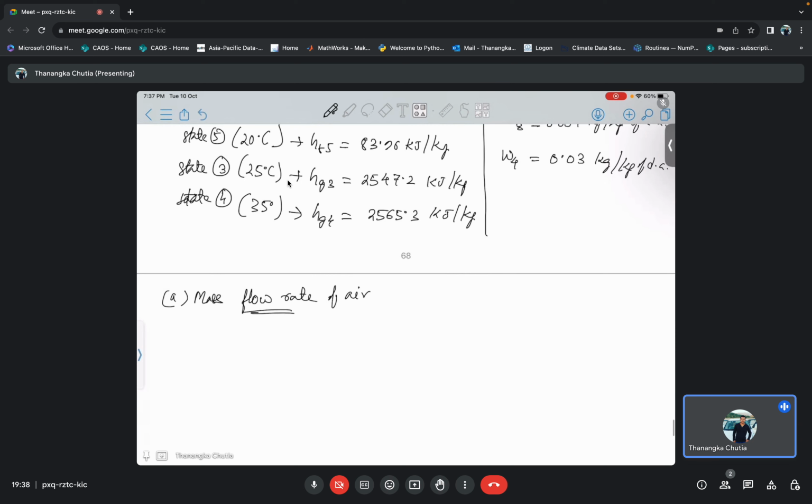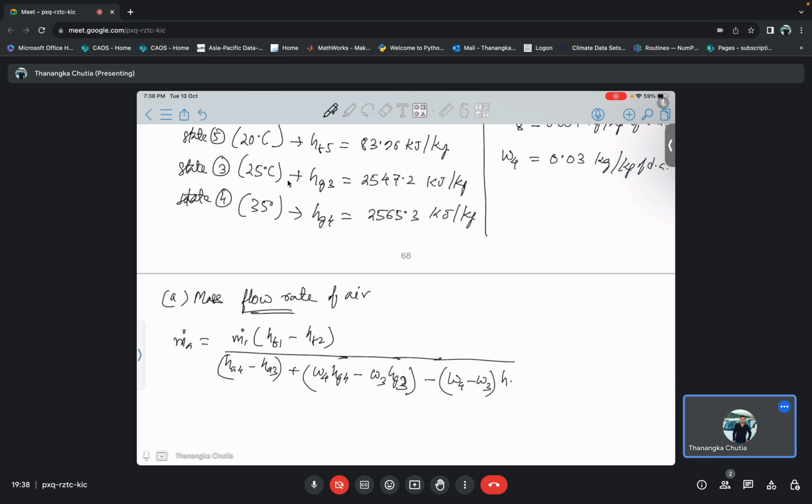So ma dot is equal to m1 dot times hf1 minus hf2, divided by ha4 minus ha3 plus w4 into hg4 minus w3 into hg3 minus w4 minus w3 into hf5.